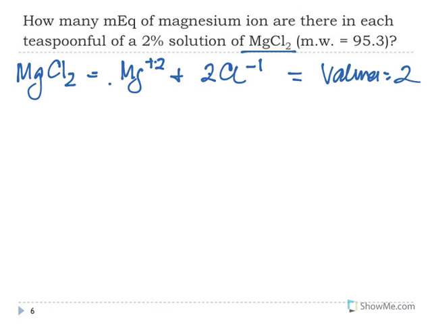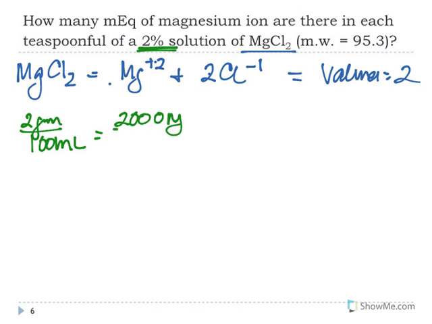All right, so let's go ahead and solve the problem. It's asking for how many milligrams are in each teaspoonful. So first of all, we've got to figure out how to get from 2% solution to teaspoonful to figure out how many milligrams that is. So what we know is our 2% means 2 grams over 100 mils, also expressed as 2,000 milligrams over 100 mils.